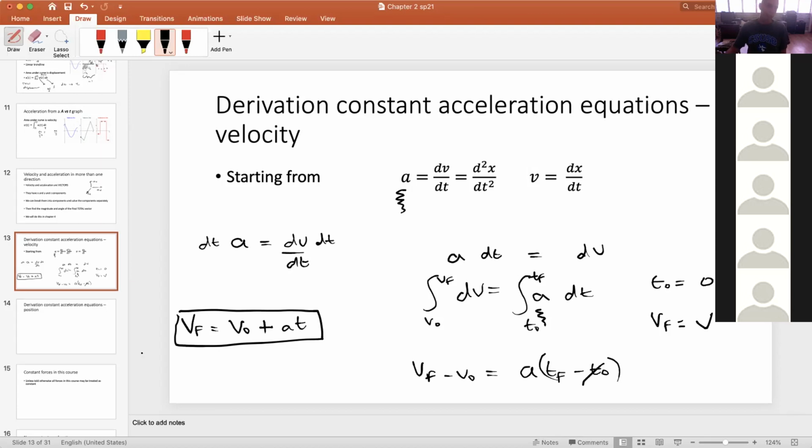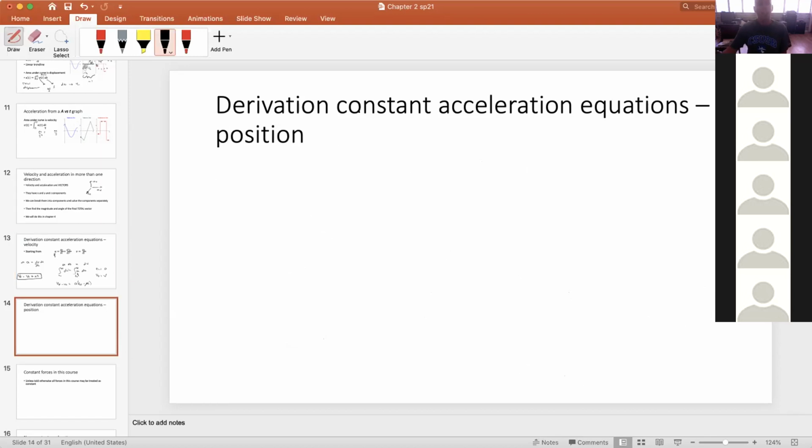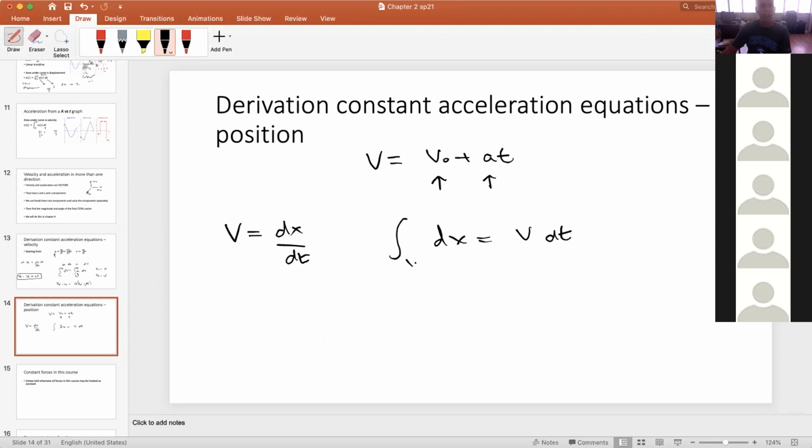Well, what else can we get from this? If we call v naught plus at, and remember that this is a constant and this is a constant, we also have that v is equal to dx/dt. So again, we can write dx is v dt, take the integral from x initial to x final, from t initial to t final.